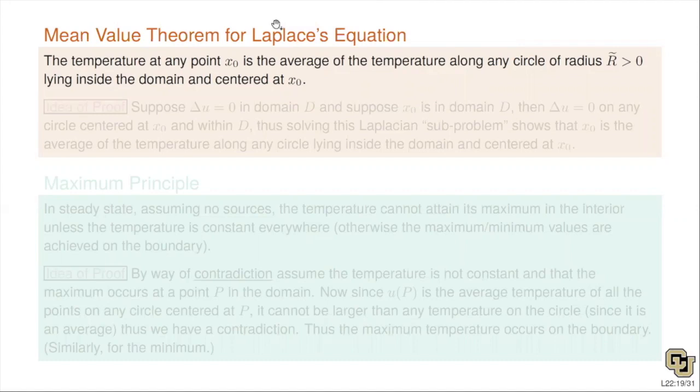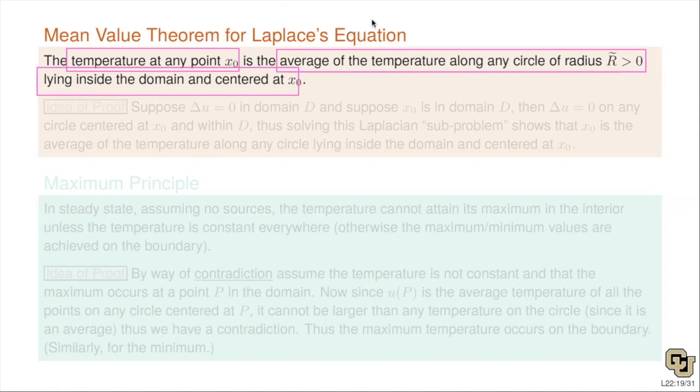So here's the official result. The temperature at any point x sub 0 in our domain, our circular disk, is the average temperature along any circle around that point that's inside the domain.